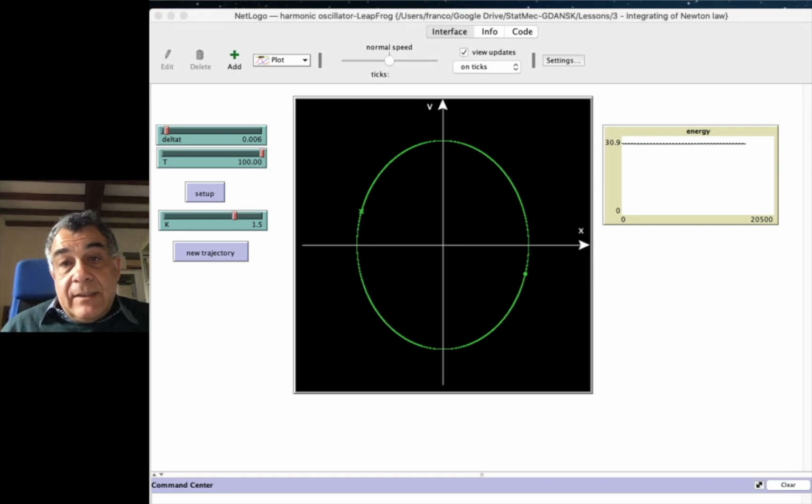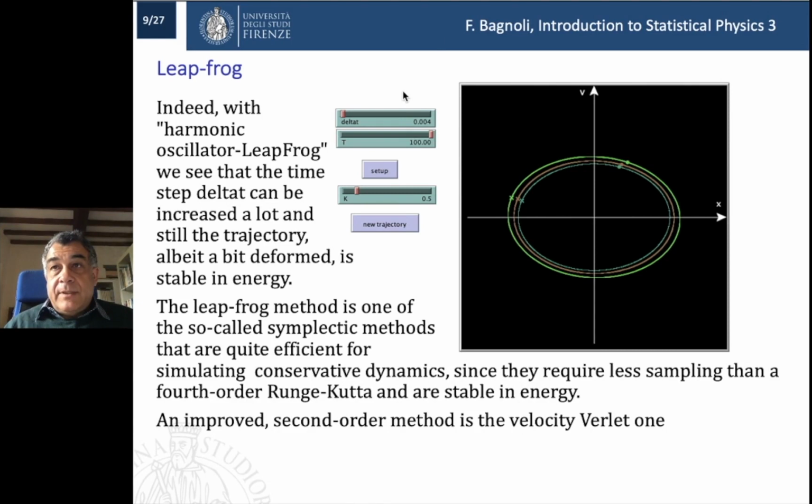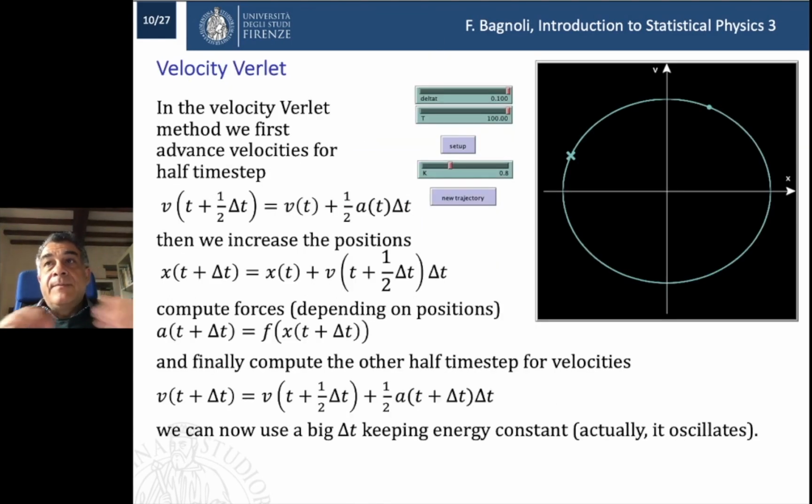Another alternative, instead of increasing the number of time steps or decreasing delta t, is that of using more accurate methods, which implies computing more times the derivatives. So essentially one has always this drawback.